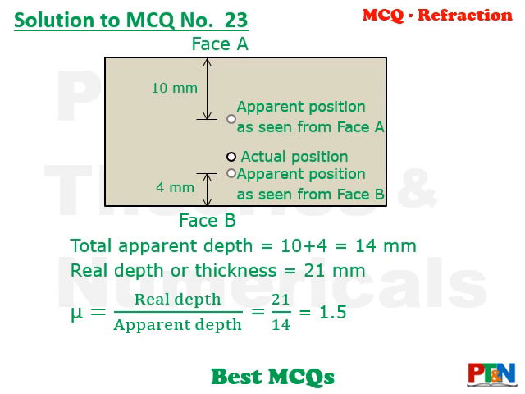But here you are looking at from two sides. So if you add these two sides, total apparent depth is 10 mm plus 4 mm, that is 14 mm. And actual thickness of the glass is 21 mm. So mu, that will be real depth by apparent depth, that is 21 by 14, that will be 1.5.